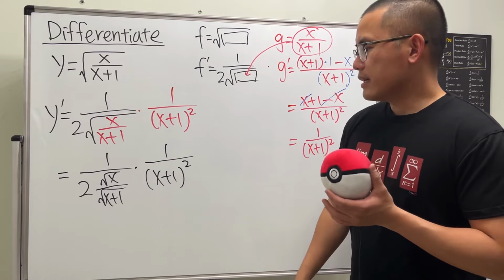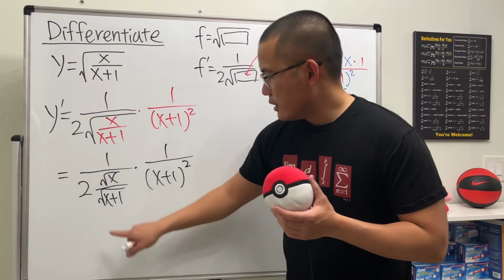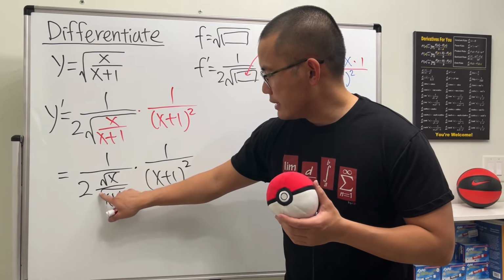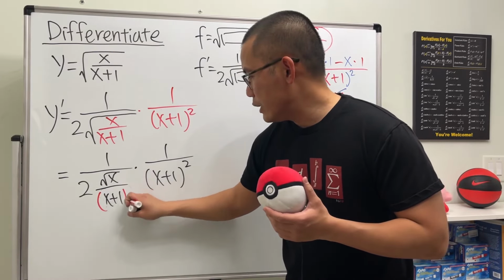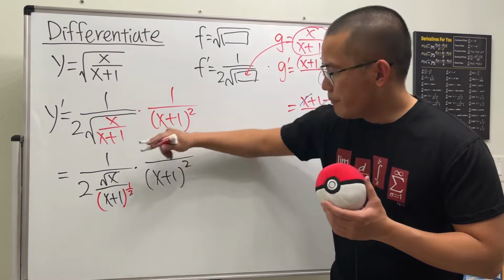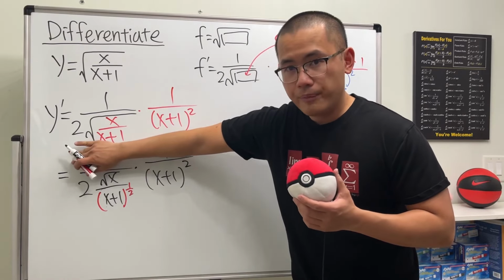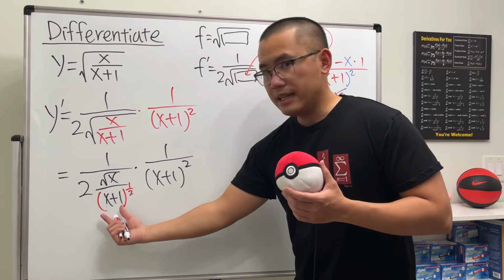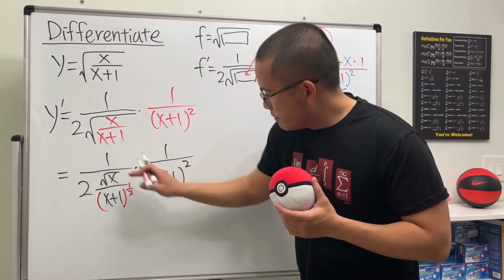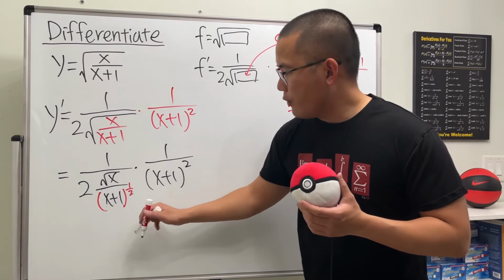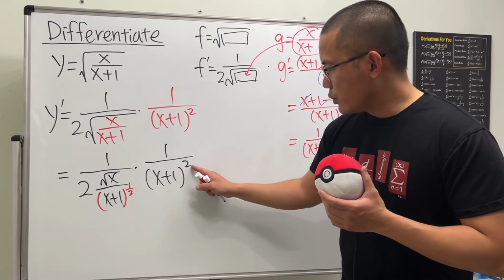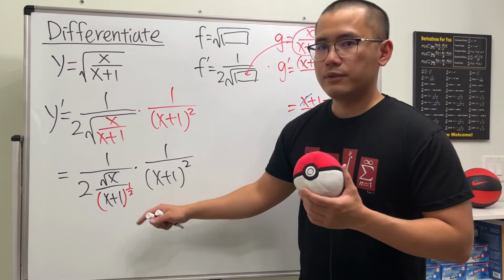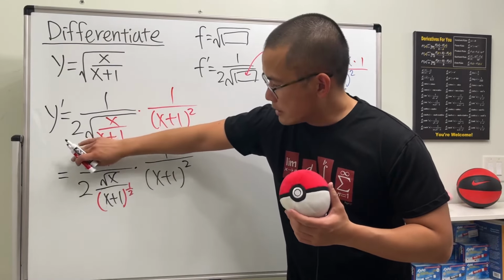And now, what exactly do we do with this though? Well, check this out. This square root, I'm actually going to replace with the 1/2 power. The reason is that if you look at the bottom right here, we have x plus 1 squared over x plus 1 to the 1/2 power. So we can do 2 minus 1/2. We can just subtract the exponent.